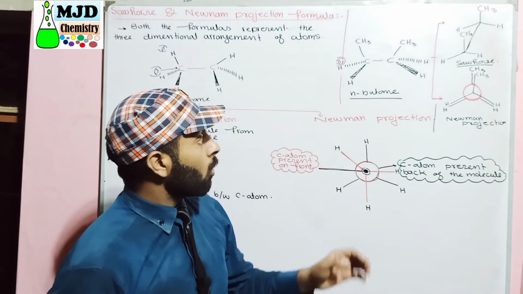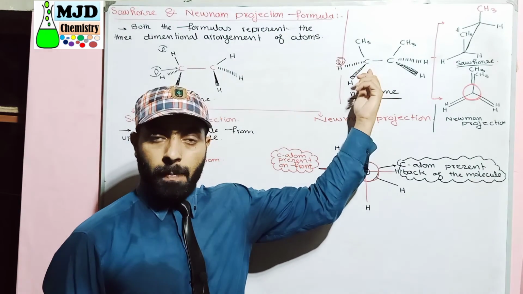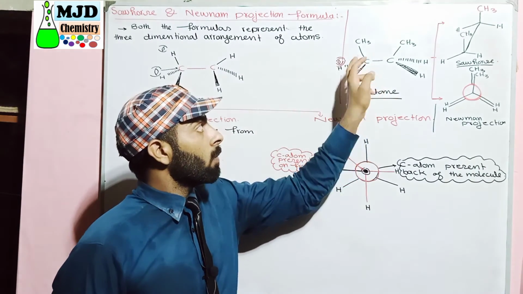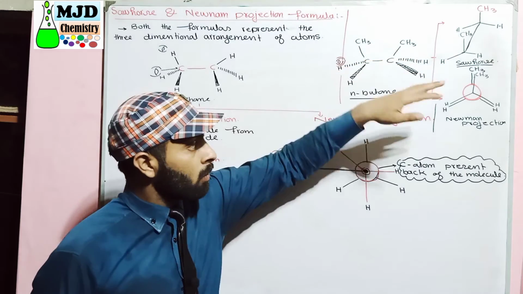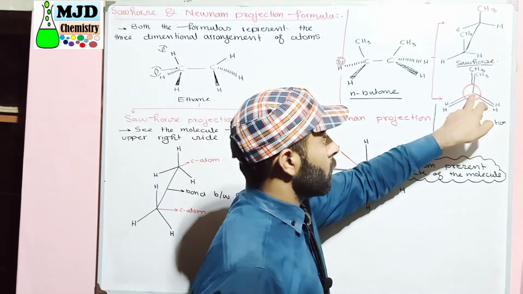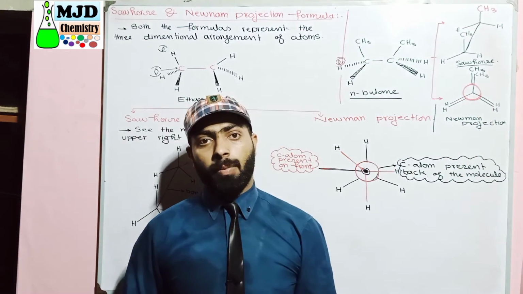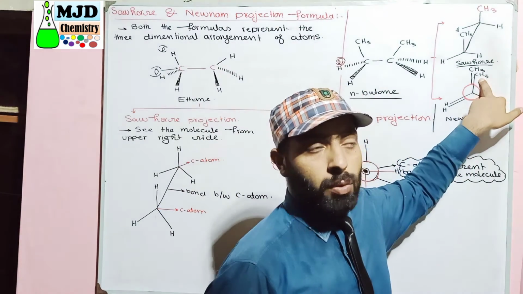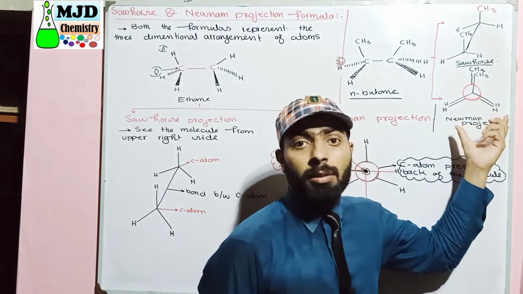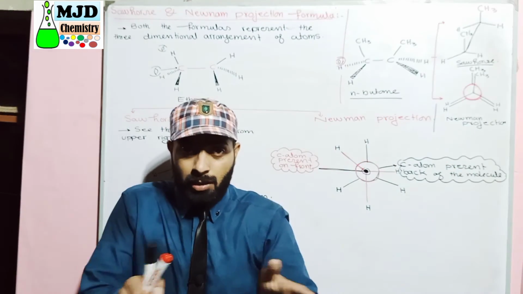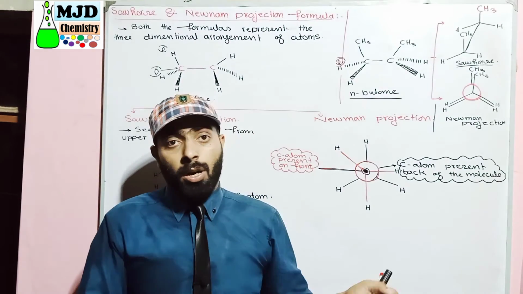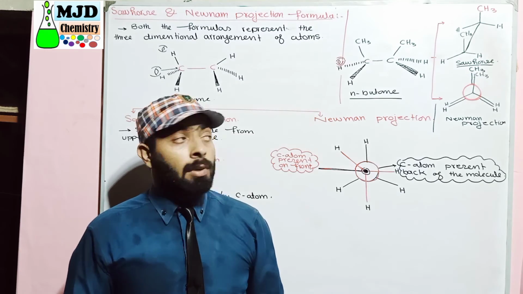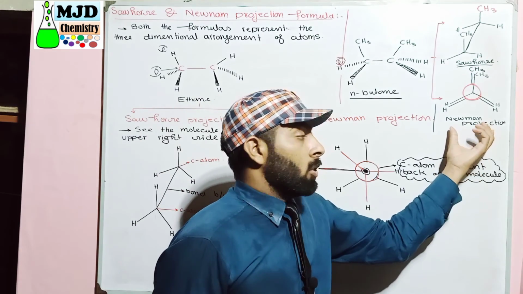And when we talk about the front carbon atom, the front carbon atom also has a CH3 group on the top. So we write the front carbon atom, this point of intersection represents the front carbon atom. And the CH3 is present above and 2 hydrogen atoms are present on either side. One is coming towards you and one is away from you. This is the Newman projection formula.